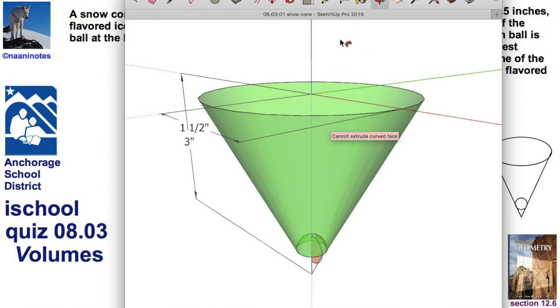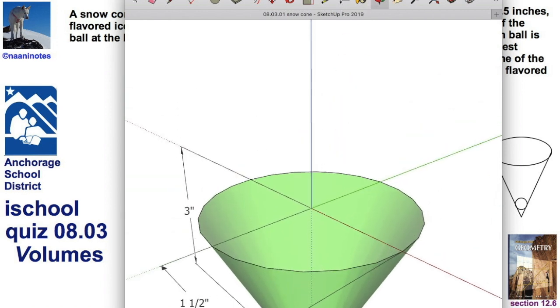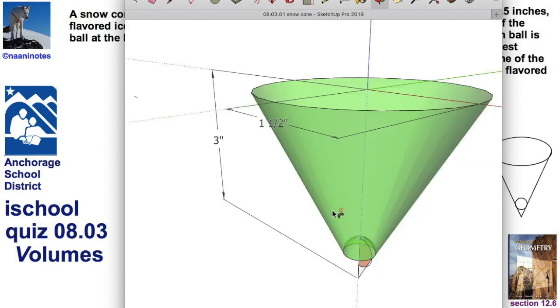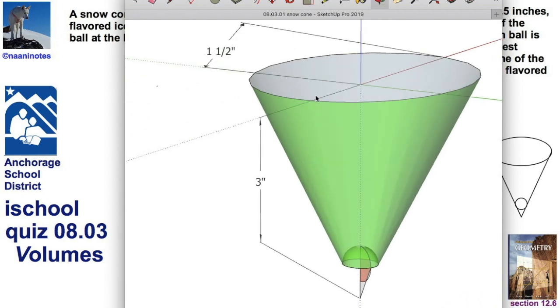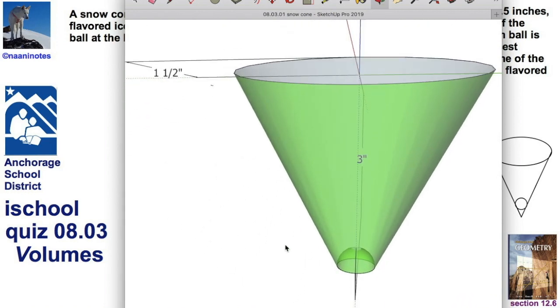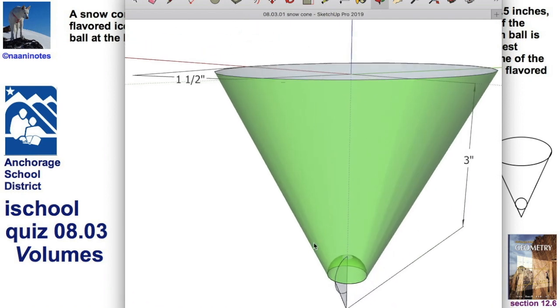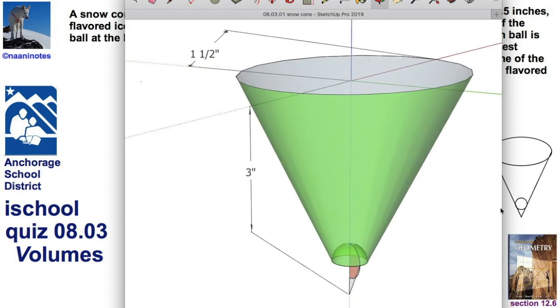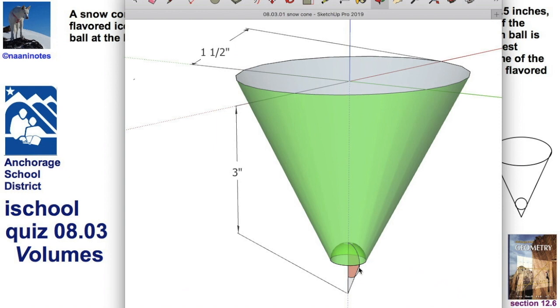Sorry, I'm trying to orbit. I've got this cone with this bit chopped out of the bottom: a cone cut off the bottom and a hemisphere. You can see that little hemisphere right there.